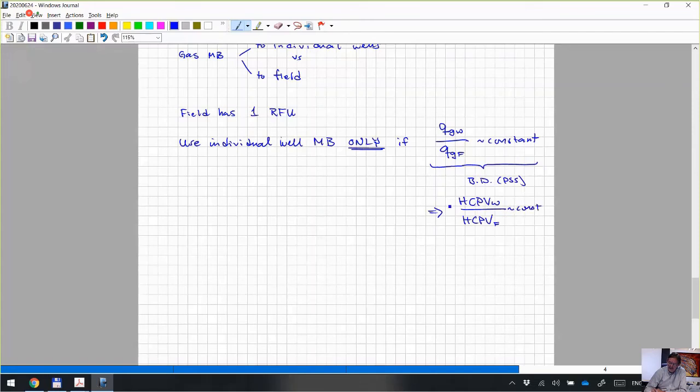And that means that the individual well hydrocarbon pore volume is remaining constant. You're taking the same contribution from the field volume at all times. But this is seldom the case.